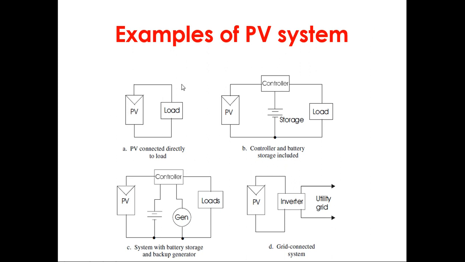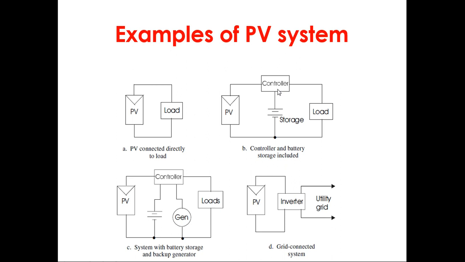As a result, the load has to operate as the environmental change in radiation and temperature happens. Say, for example, a small fan. You may recall our childhood days when we used a small cap with a fan on top. If it is connected with the PV, with the change in radiation and temperature, the speed of the fan will vary. So it is not controllable.